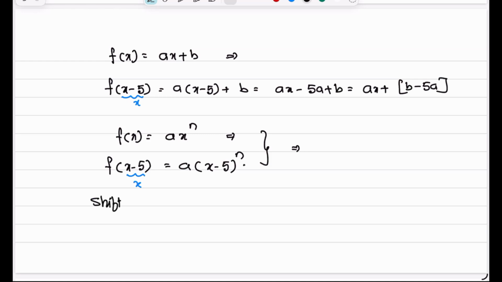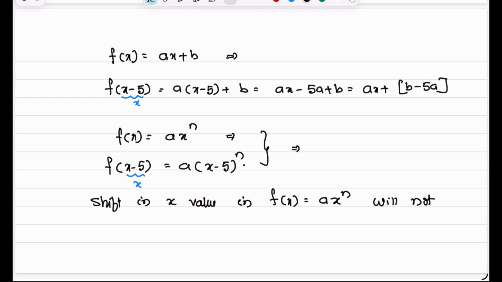Shifting the x value in function x, a into x to the power of n, will not change the coefficient of x to the power of n.